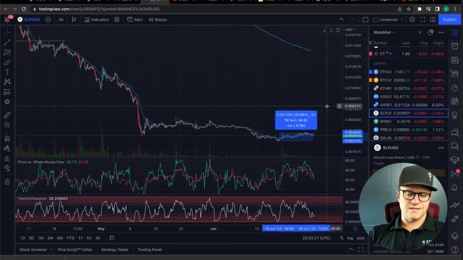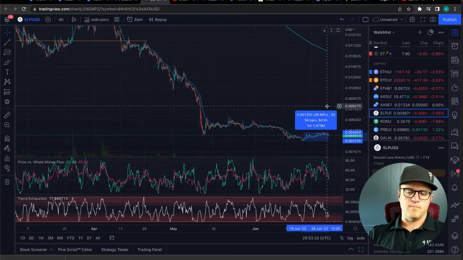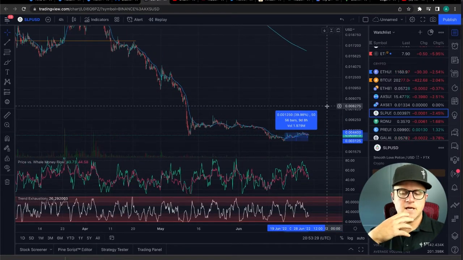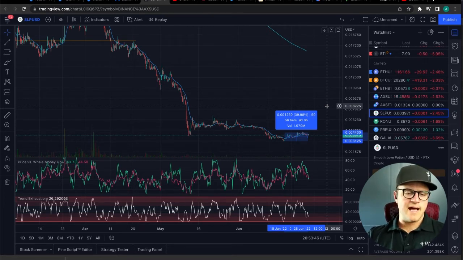Guys, this is just where things are going to sit, I think, for some time until there's a big pump in the active users on Origin. If we see that, my prediction is at least a double up from here when Origin gets SLP rewards, just because of the hype of that. I think we'll see a pretty significant pump.